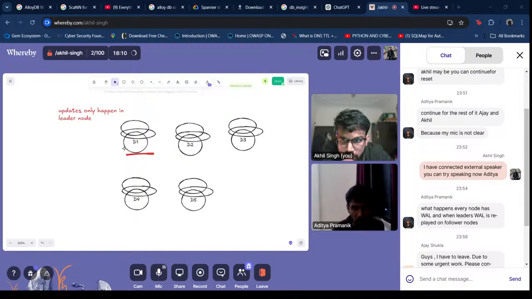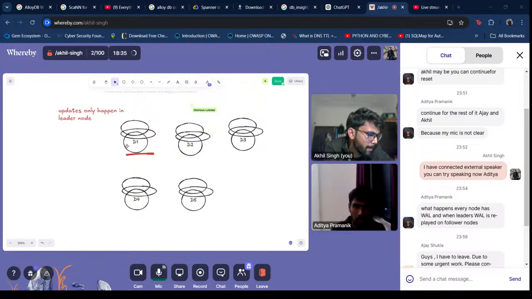What is a write ahead log? As its name suggests, whatever changes we are going to make to the database, we first take a log. Before writing to the database, we keep a log of the steps the query is going to do before actually executing it. Those are write ahead logs.